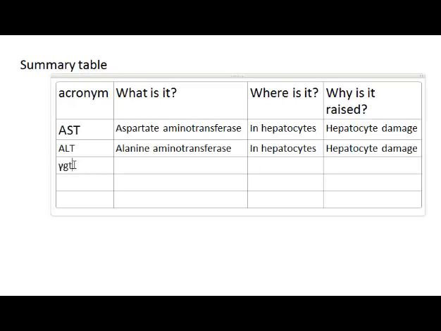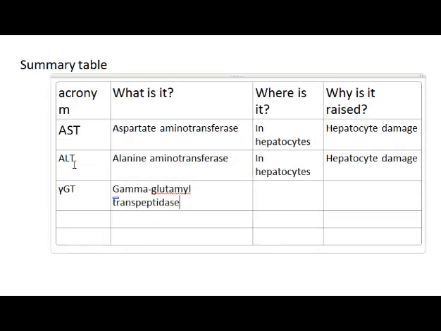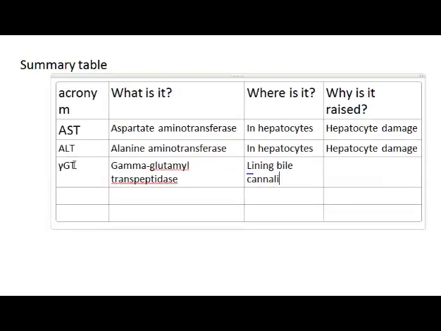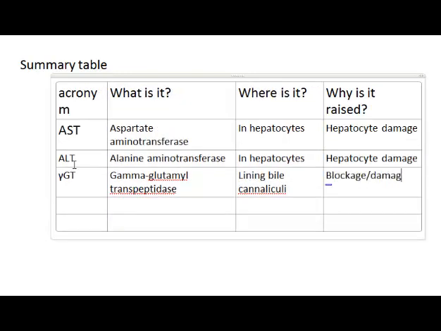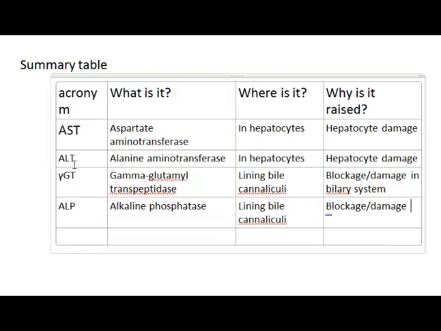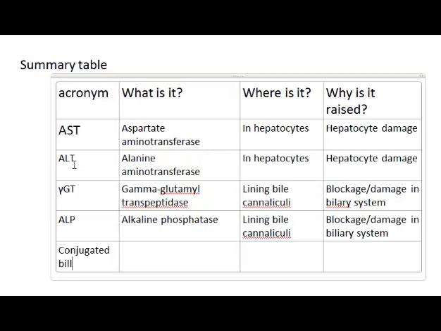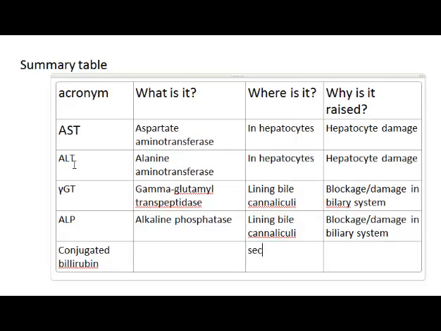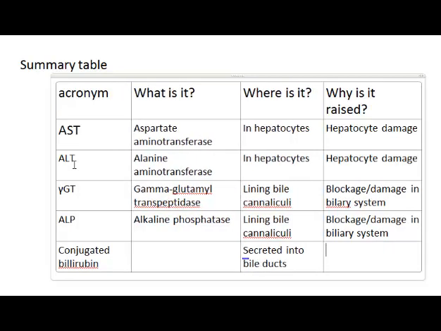They contain the bile canalicular enzymes gamma GT and alkaline phosphatase, where if those are raised, it suggests blockage in the biliary system or damage, toxic damage perhaps, particularly to those cells. And then a high conjugated bilirubin in the systemic circulation suggests that the conjugated bilirubin being secreted into the bile ducts is backing up due to a blockage.